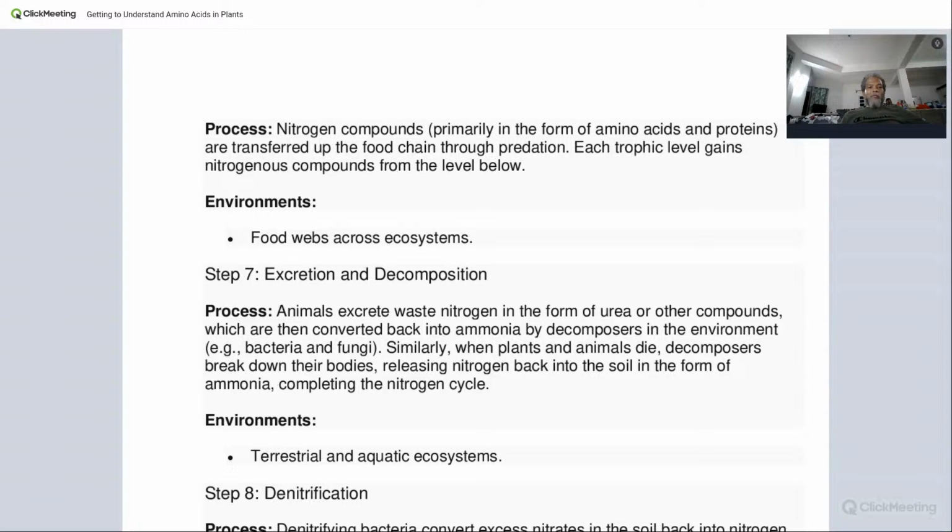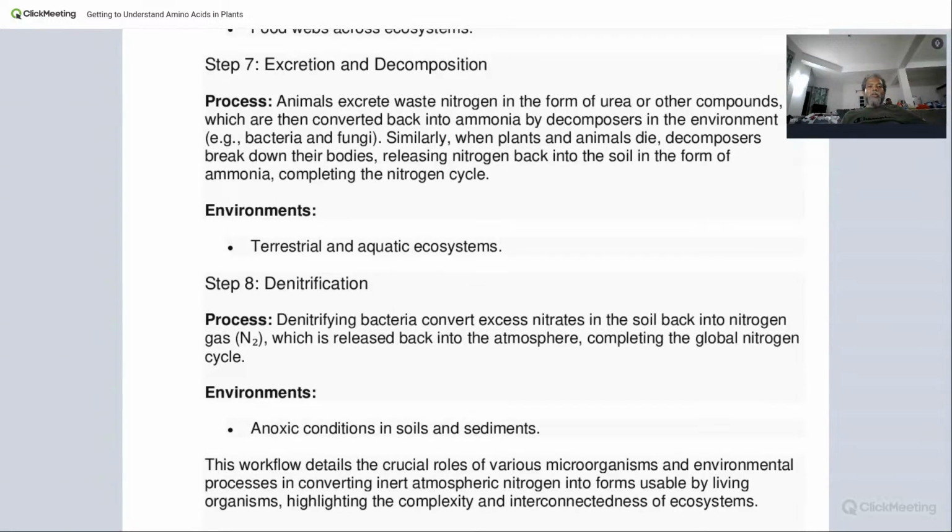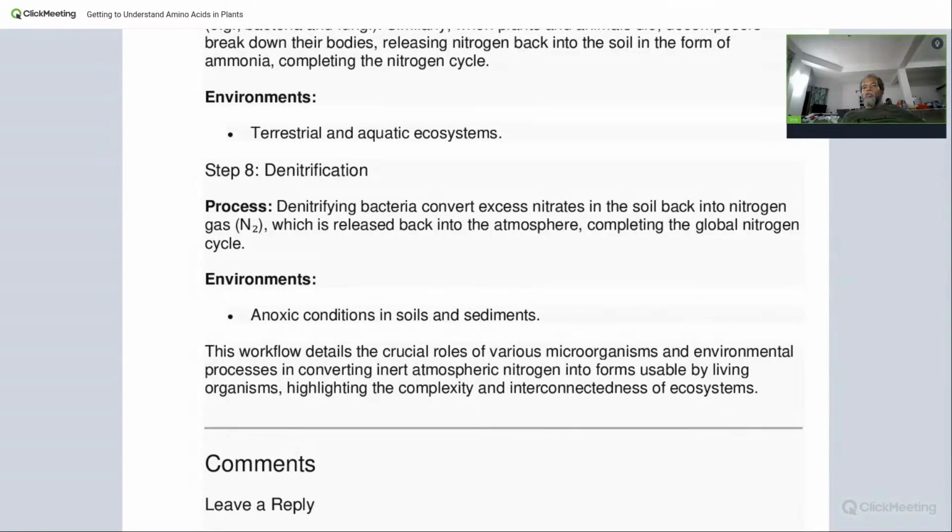Now, if you have extra nitrogen, it will be converted to urea, and then that will go out as urine, and that will go for bacteria and fungus. And then when you die and decompose, your body would release the nitrogen into the soil, and the body would complete the nitrogen cycle. Again, bacteria would come and eat your body and convert you back into nitrogen.